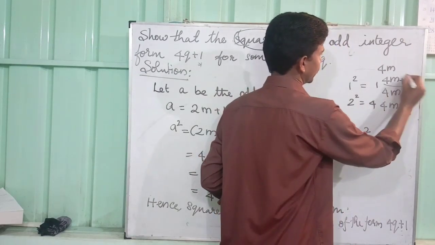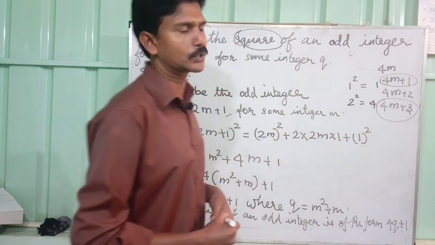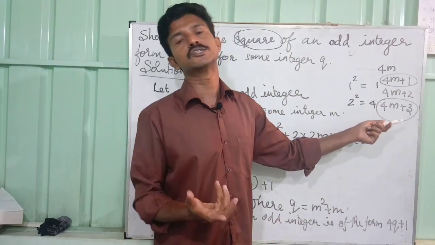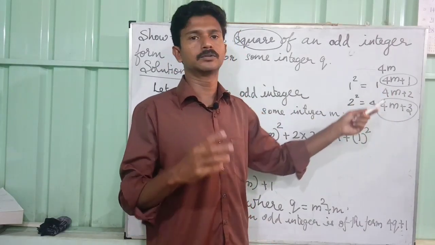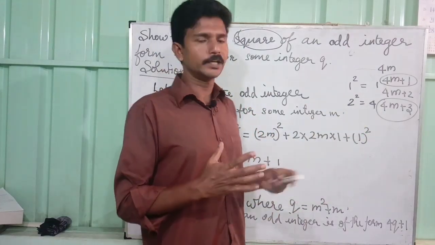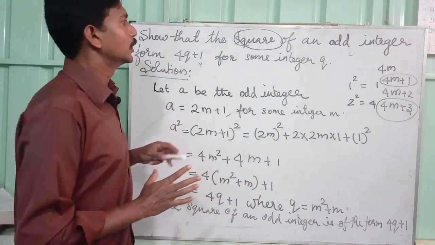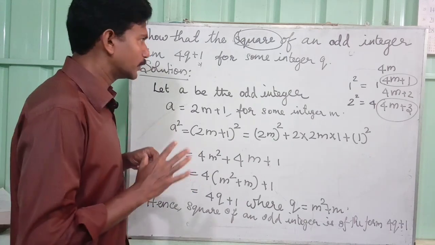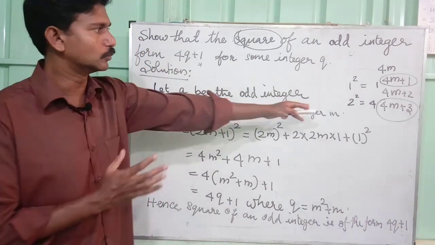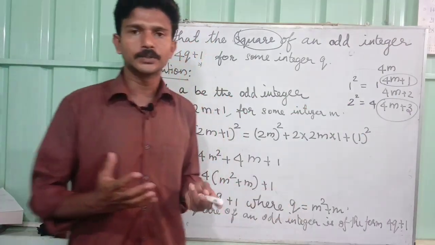Here 4m plus 1 and 4m plus 3 are odd integers. So you have two forms to square, and it takes a lengthier answer. To make our answer short, 2 is enough, since 2 square is 4. Do you understand?